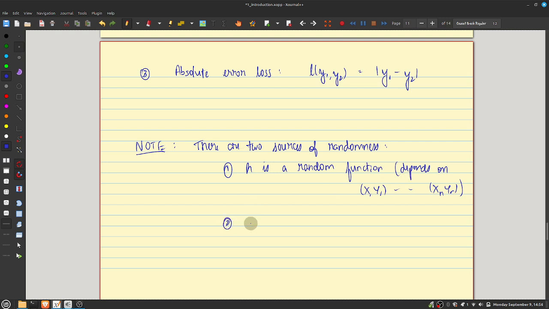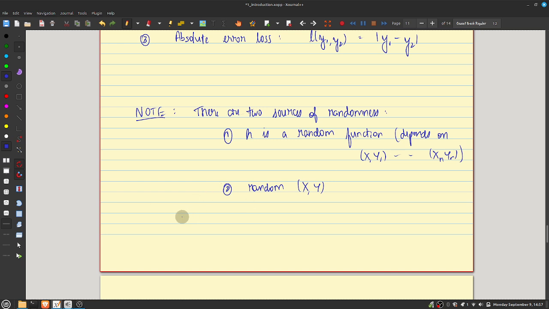The second is, of course, the random x comma y, which is independent of the training set. Henceforth I'll use the following notation. S will denote the training set, so it is x1 y1 up to xn yn.